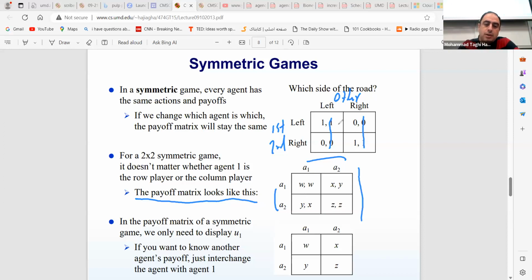And as I mentioned, you can actually have a more compressed representation, because you don't need to show both payoffs here. You can consider a player here versus the other player.